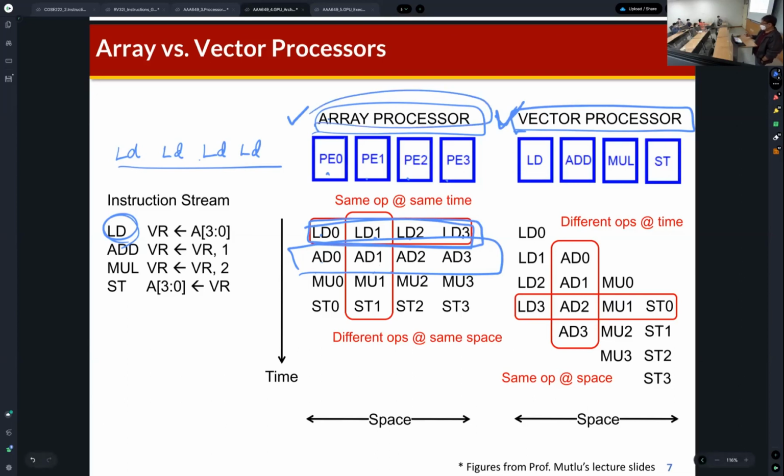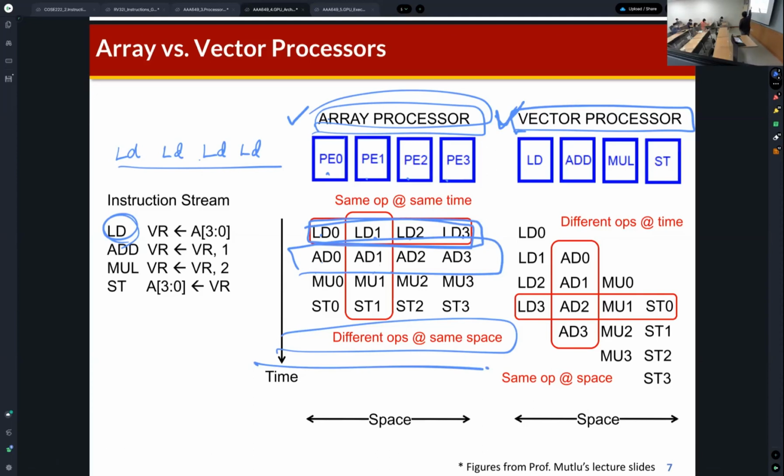So we can say that the performance of the array processor is better than that of the vector processor, but in a vector processor we use only one execution engine, while with the array processor we need to invest in multiple execution engines.